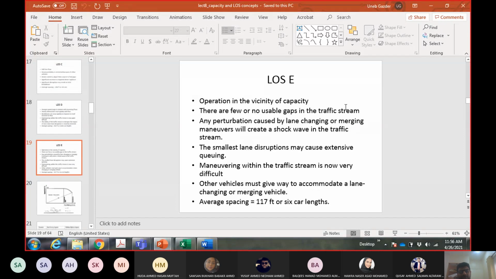This is the main reason. Since there are no gaps, until other drivers stop, you cannot complete your maneuver. You cannot change your lane, or you cannot change your direction. So to create this gap, we need a shock wave. Drivers must stop for 1 or 2 seconds to create that gap for you.